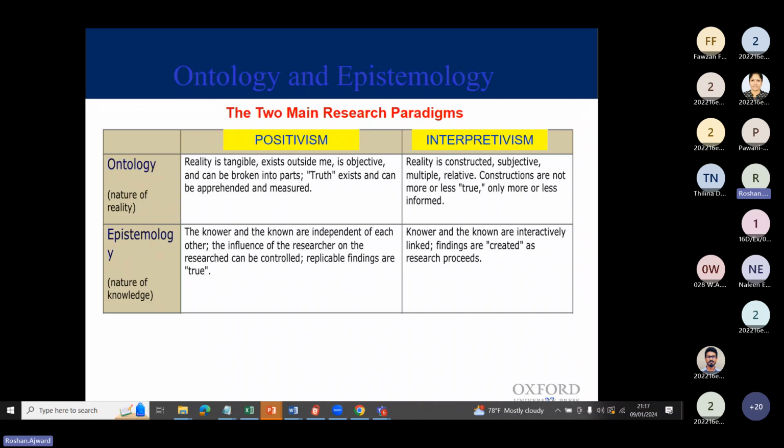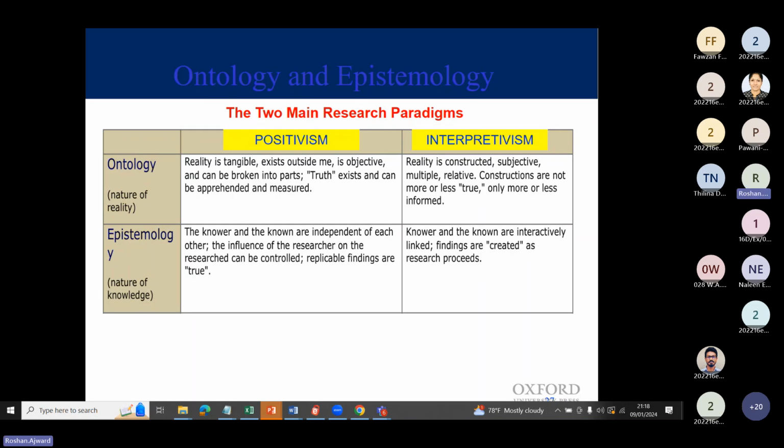The researcher doesn't become a part of the research like Professor Nandasena Ratnapala became a part of the research he was doing. So I took some time to explain the difference between positivism and interpretivism. These are two research traditions that researchers use.